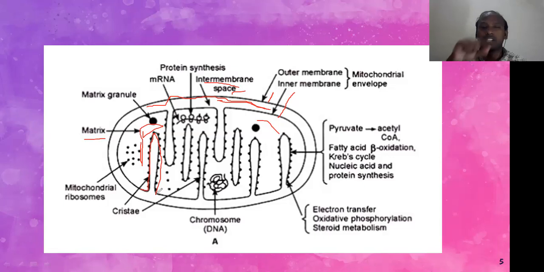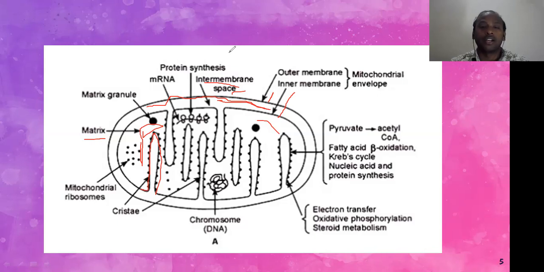Here I am not going to discuss what different enzymes or proteins are present in the cristae. But you should remember that cristae are nothing but invaginations of the inner membrane of the mitochondria.